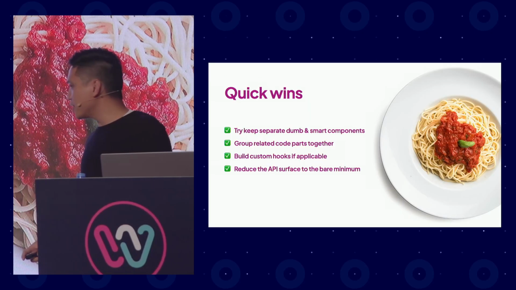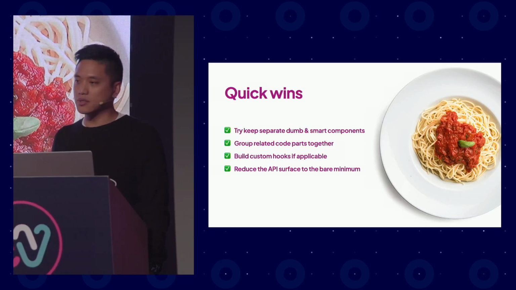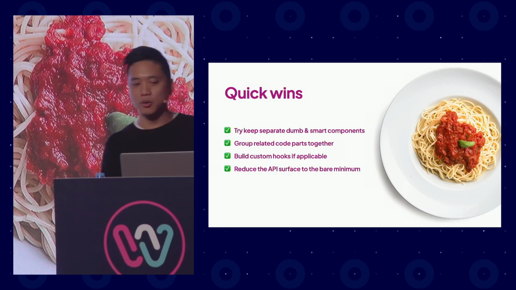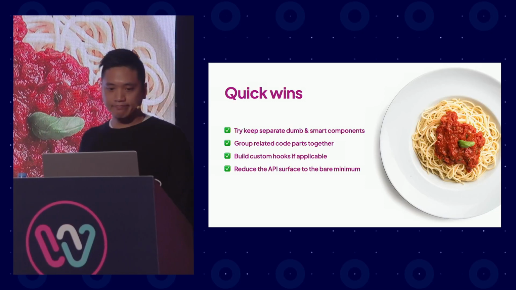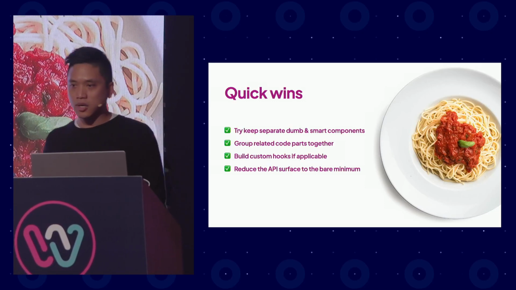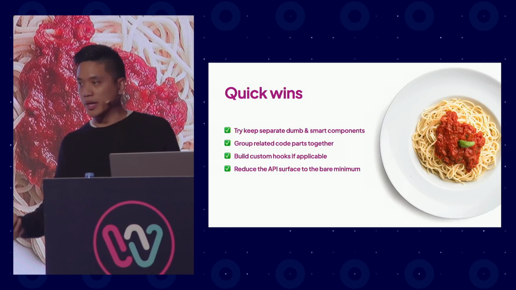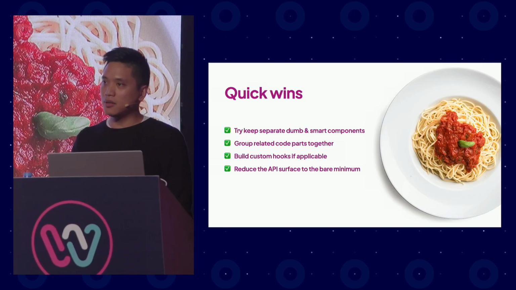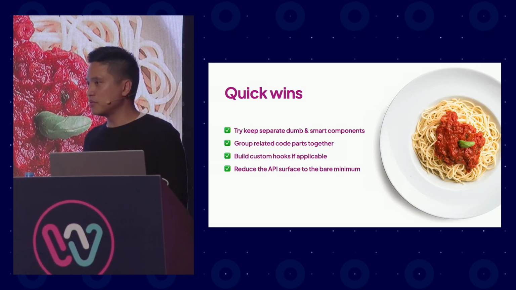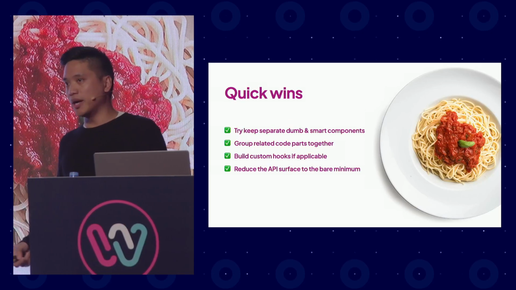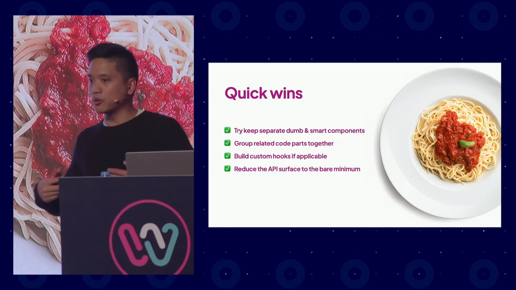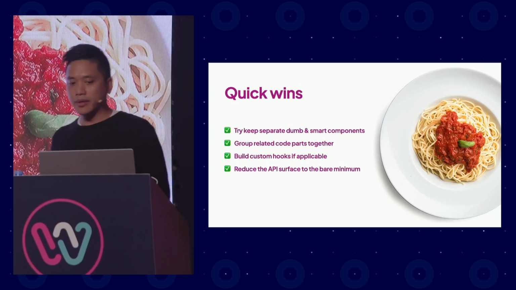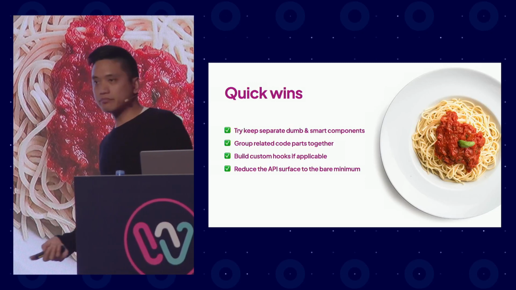Before we get deep into this, here are some super quick wins to keep in the back of our heads when building UIs. Keep dumb and smart, or container and presentational, components separated. That has been around for quite a while, and I think it still applies, so it's nice to keep doing that. Also, co-locate related code together.